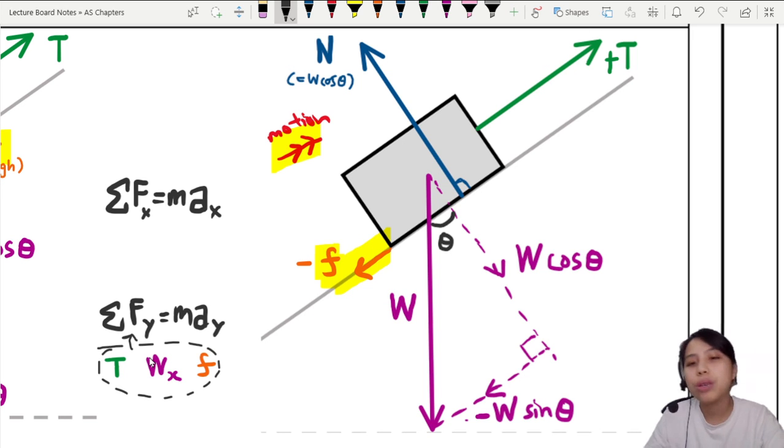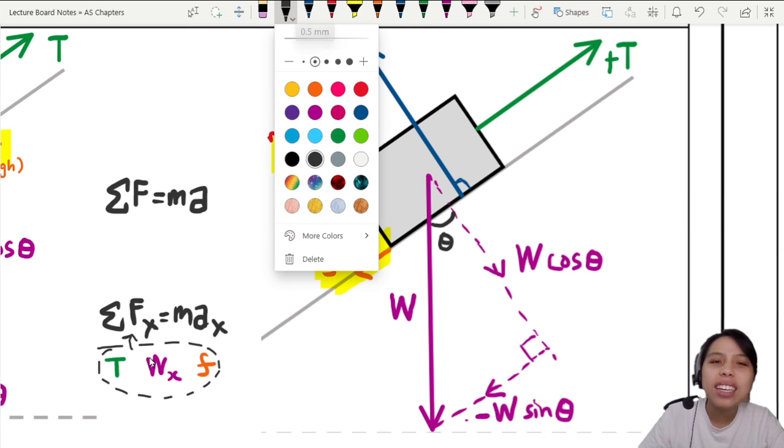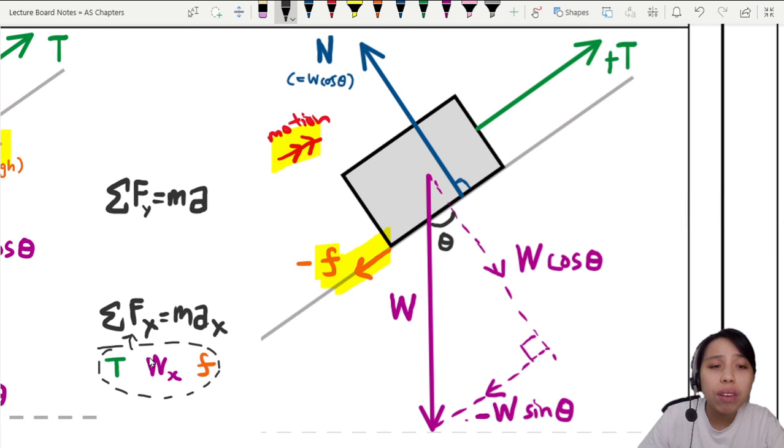In the horizontal, why did I draw down there? I say, this is horizontal Fx. Okay, never mind, we change up there to y. So in the y, by vertical, we mean perpendicular to the plane. So that will be 2 forces only, very lonely. The first one is the normal contact force, upwards. So if we say upwards is positive, then sure, positive.